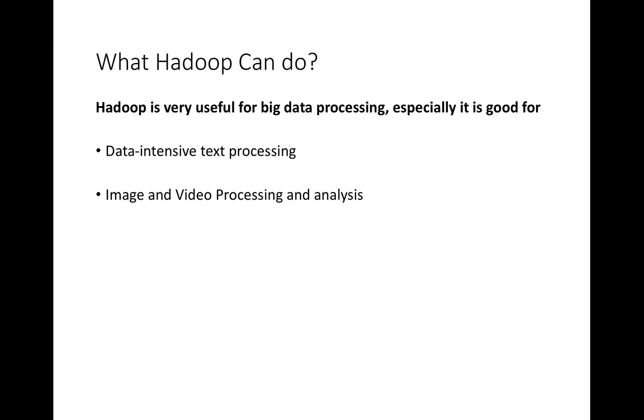The second is that it's also good for video and image processing. For example, face recognition, face searching. If you have a million people's faces and you want to find the face you want, you can use Hadoop to search the big database and find the match.